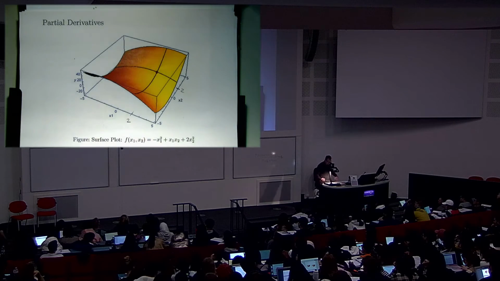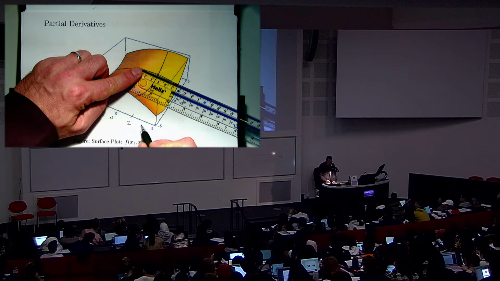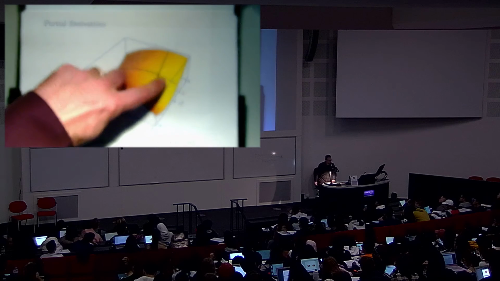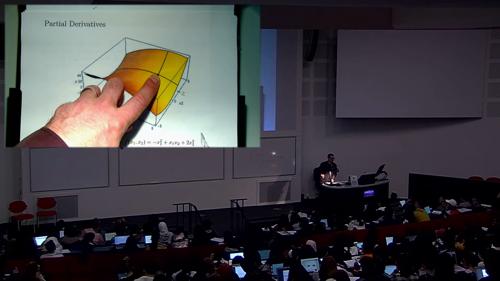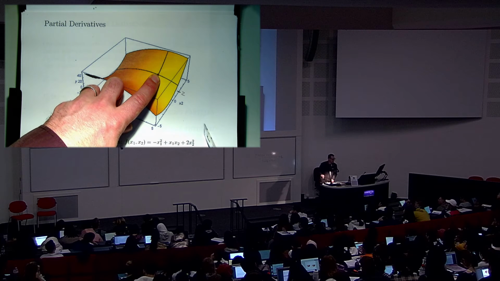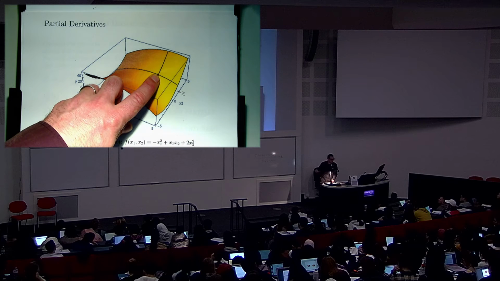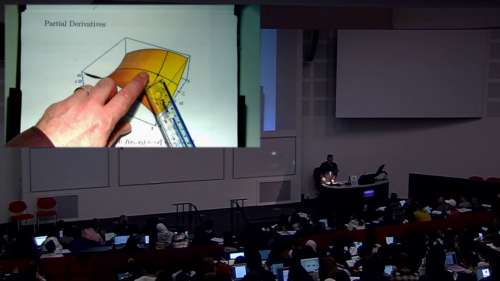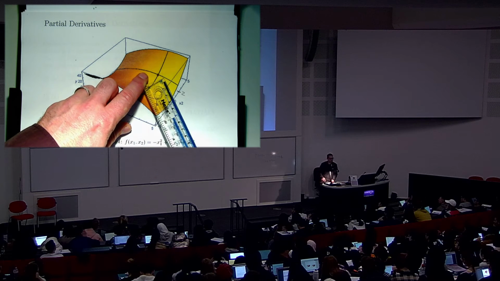So, as we increase x1, what happens to the function? Is the function value becoming larger or smaller? Remember, this is a two-dimensional representation of a three-dimensional object. For some that's easy to imagine, for others that's perhaps not so easy to imagine. But can you see, does the function go up or down as we move from here along? It goes down, okay?